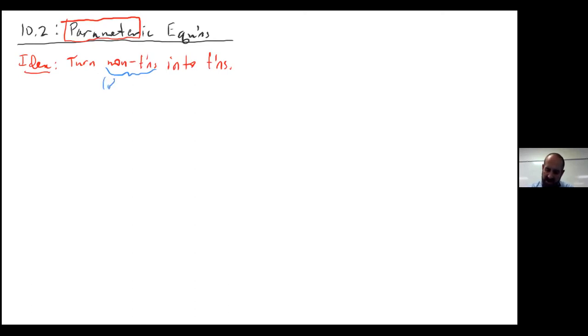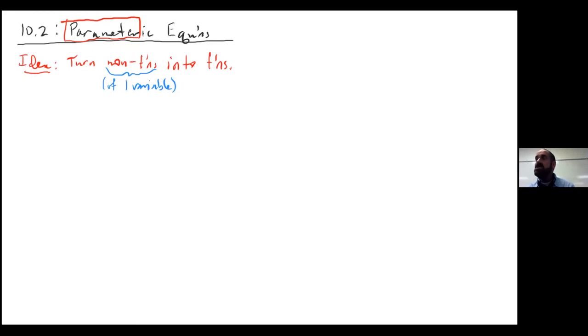okay? What I really mean is non-functions of one variable into functions. Now, it's not like I can just magically make something that fails to be a function of one variable into a function of one variable, okay? That's not what's going on here.